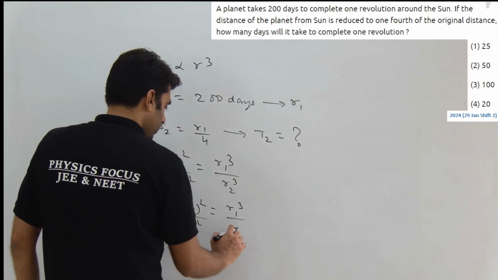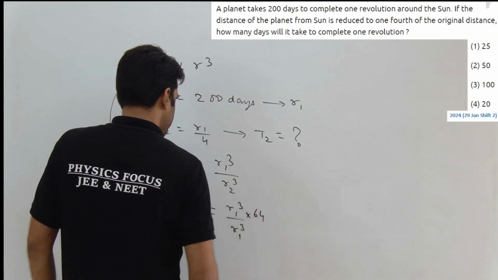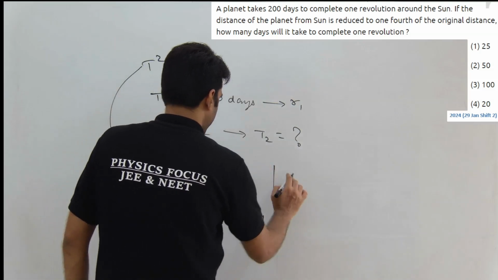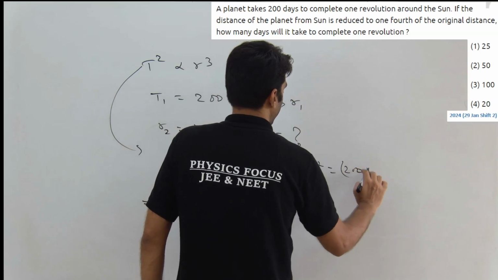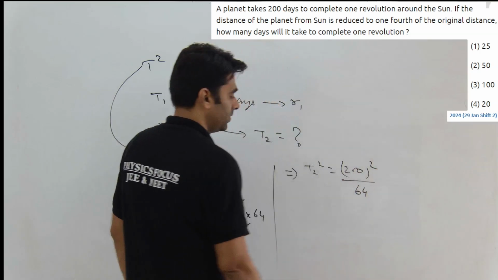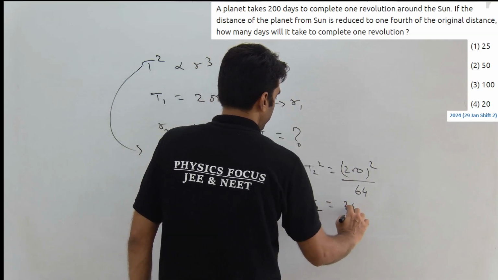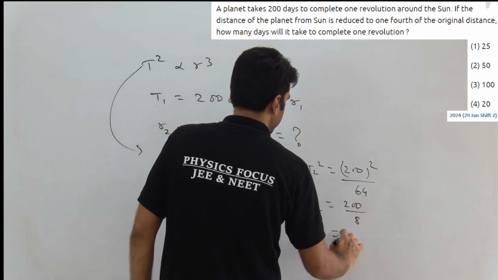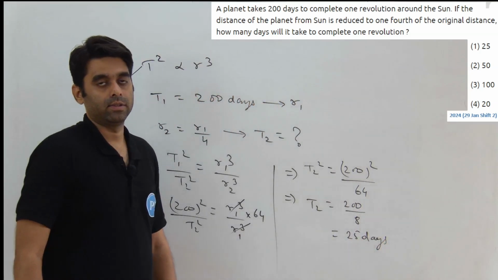So this one will be R1 cube into 4 cube, this will be 64. R1 cube cancels out. We have T2 square is equals to 200 square by 64. So T2 time period comes out to be 200 by 8, which is 25. So 25 days will be our answer. Let's move ahead.